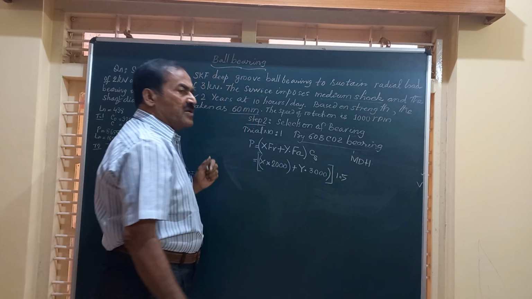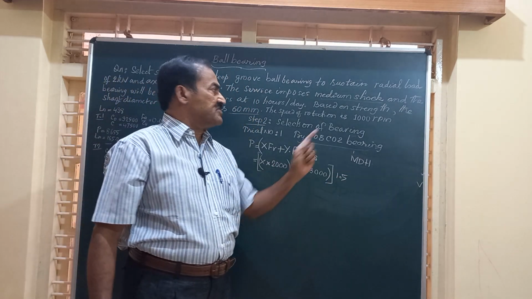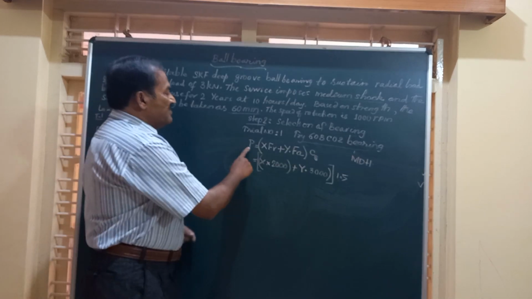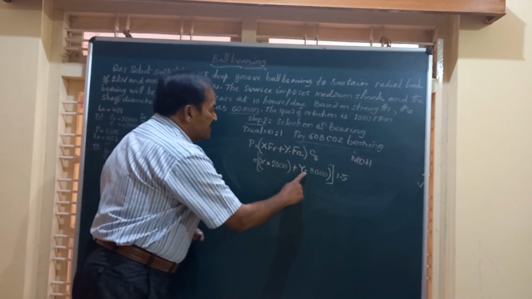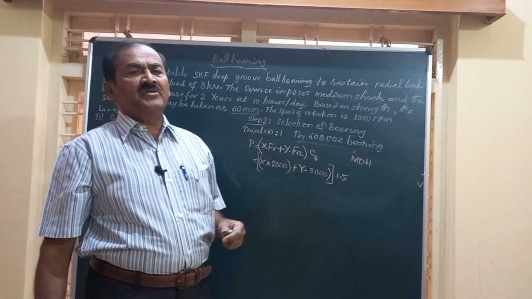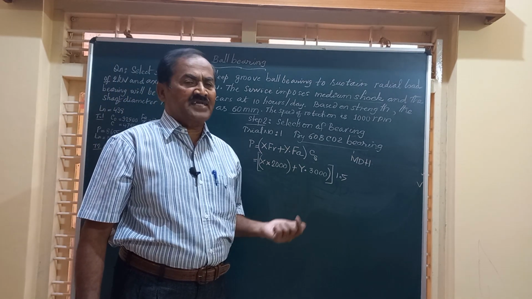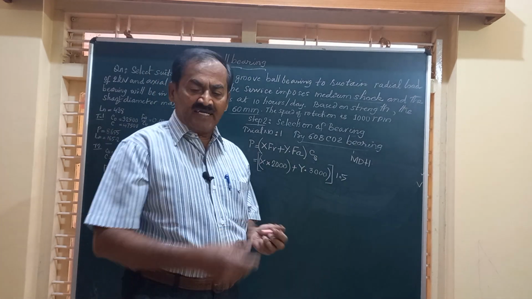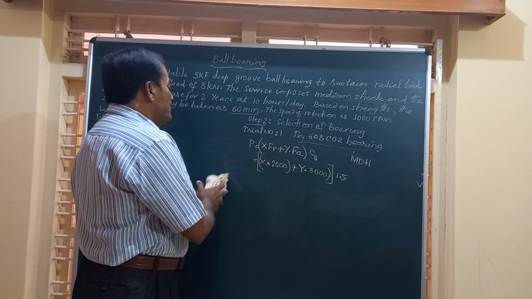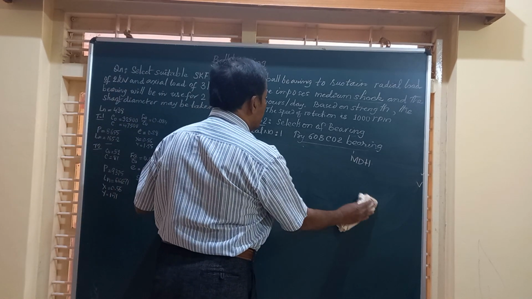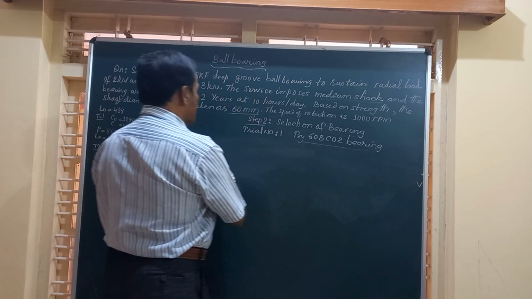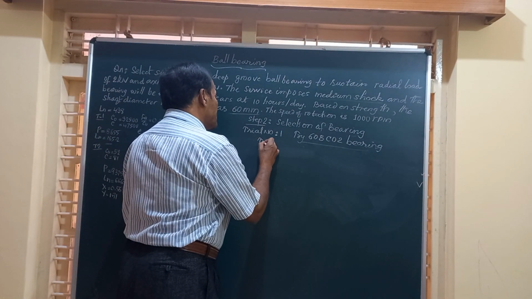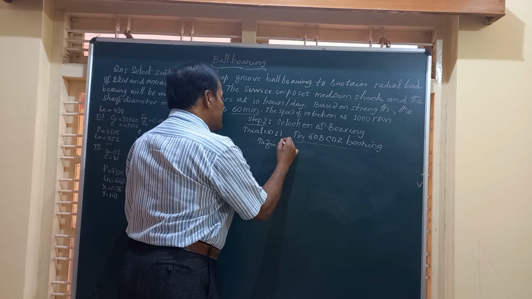We take it as 1.5 because the bearing is subjected to medium shock. Friends, to get the value of P, we need to know what X and Y are. When we find X and Y from the table, we will be able to find the value of P, and hence the life of that particular bearing in millions of revolutions. So we go ahead with the calculation of X and Y.